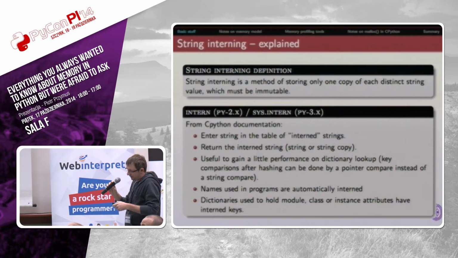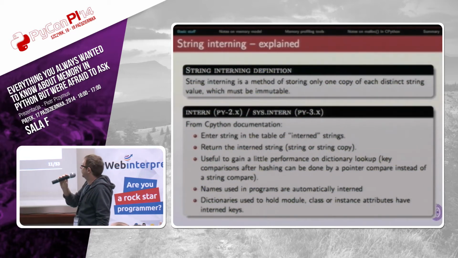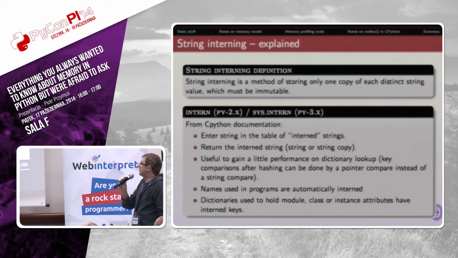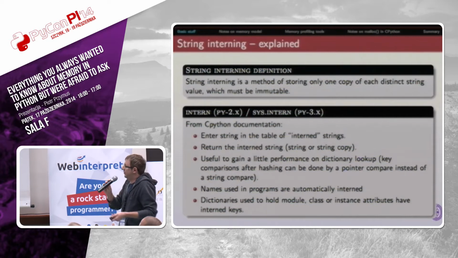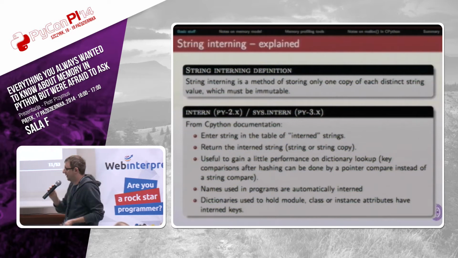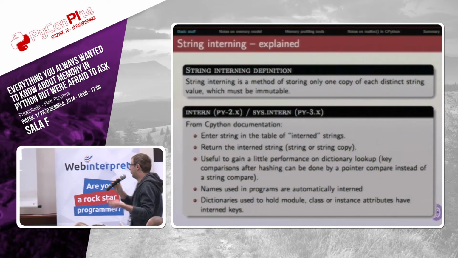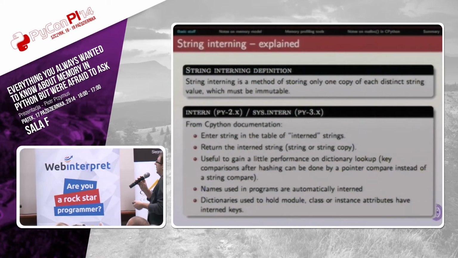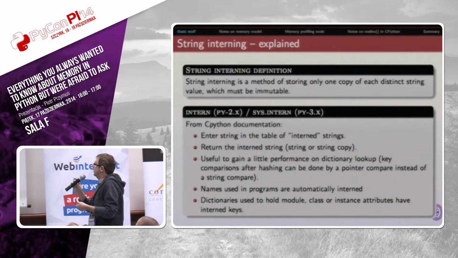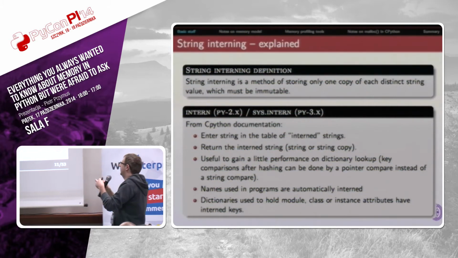So this is, let's say, a common technique in many programming languages. So actually, string interning is representing, if we have the same strings, we can represent them as one object in your program. So actually in Python 2 you get intern, and in Python 3 you get the sys.intern versions.